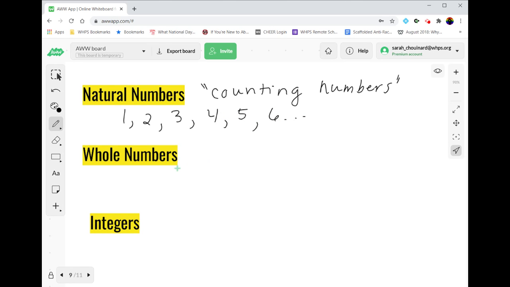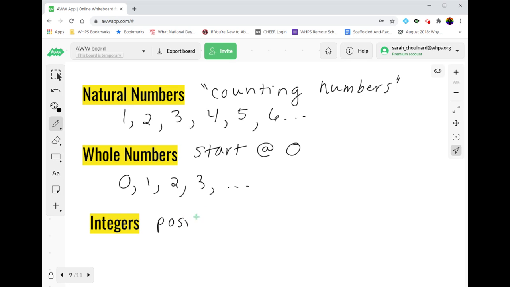They don't have any decimals or fractions. Whole numbers start at 0: 0, 1, 2, 3, and so on. So these two are basically the same, except natural doesn't include 0.